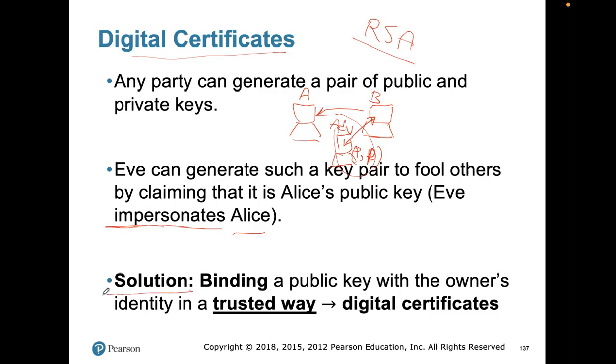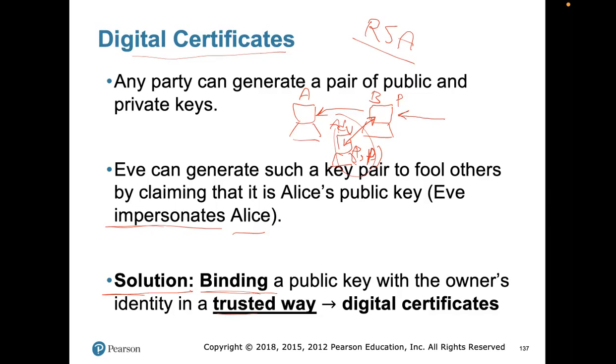And the solution is this: we can bind the public key to the owner's identification in a trusted way. What this means is that if anyone comes to Bob and says, okay, I'm someone and this is my public key, please use it if you want to communicate with me securely later, this is not how it should be.